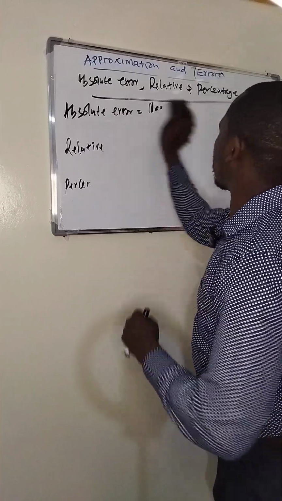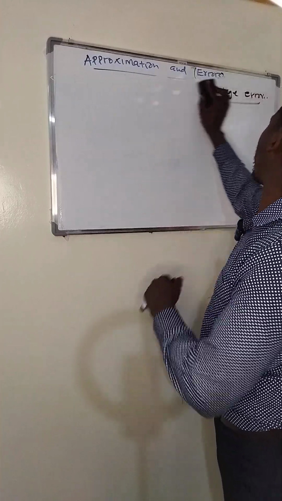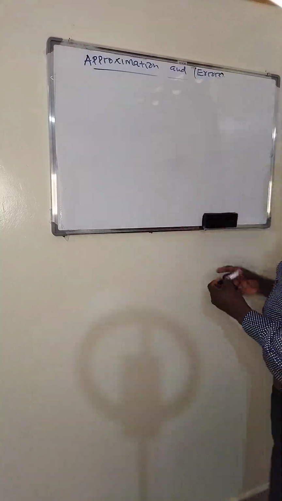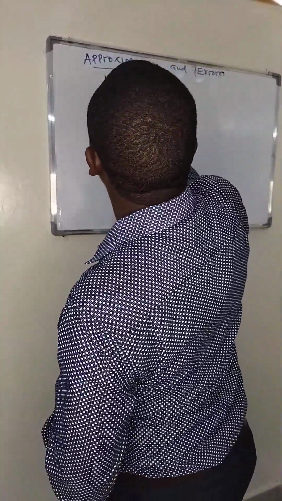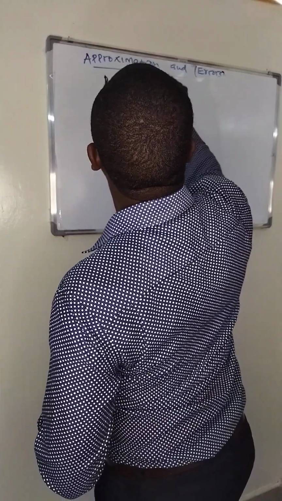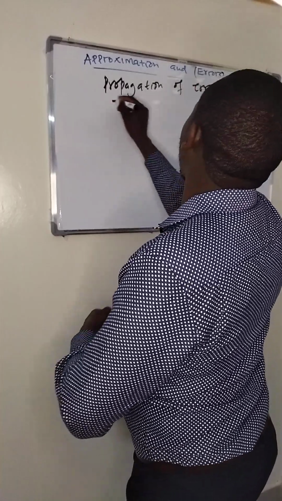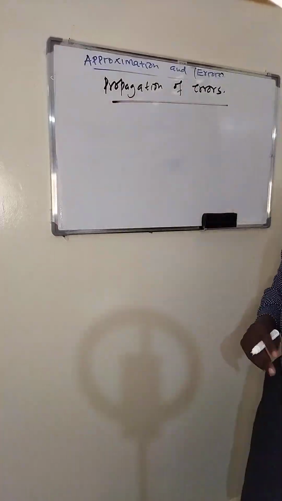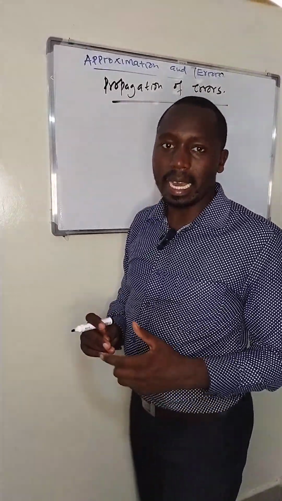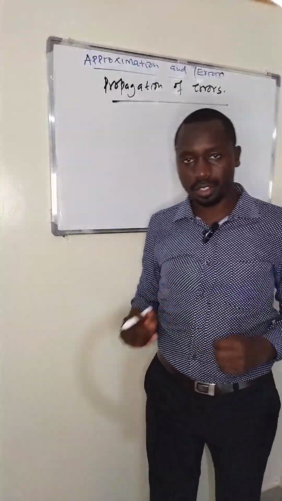propagation of errors. So, as I said earlier, propagation of errors has 4 parts: addition, subtraction, division, multiplication.